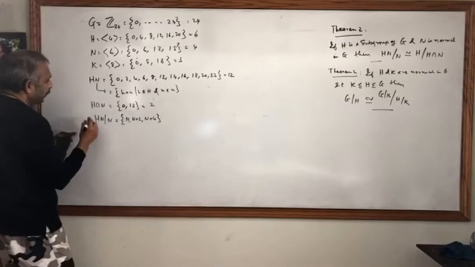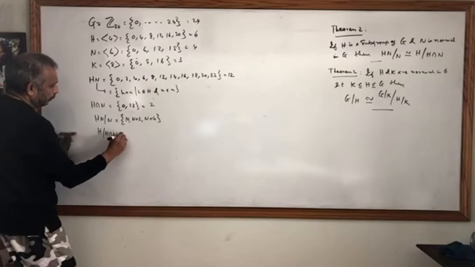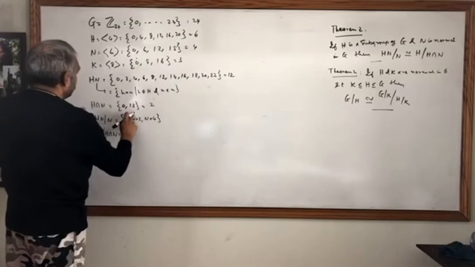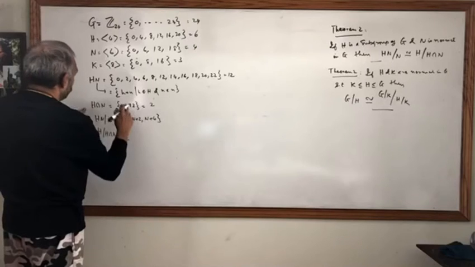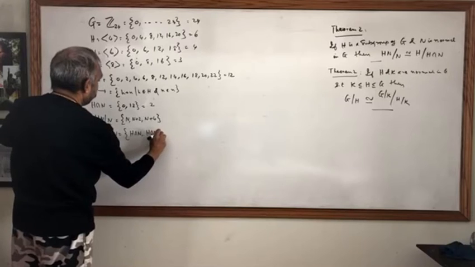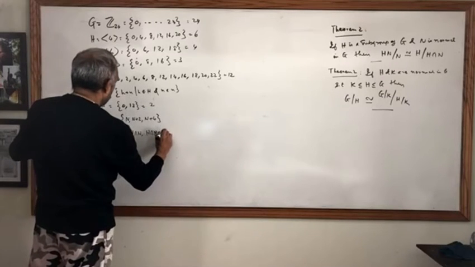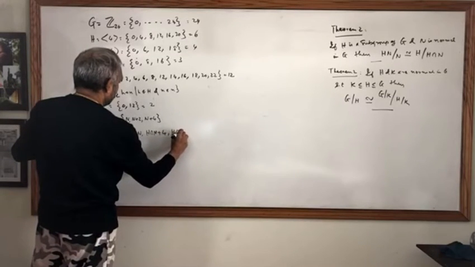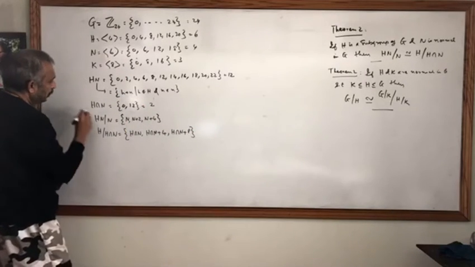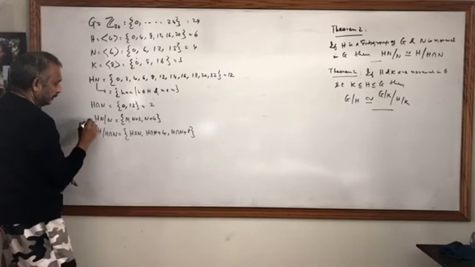Now we'll find H over H intersection N. H has 6 elements and the intersection has 2 elements, so this will have H intersection N, H intersection N plus 4, H intersection N plus 8. So this has 3 elements, and this also has 3 elements, and these two are isomorphic.